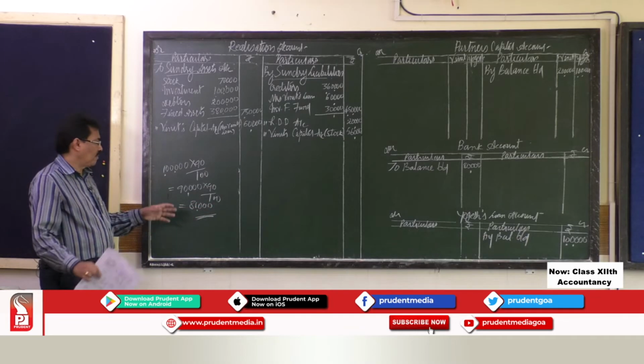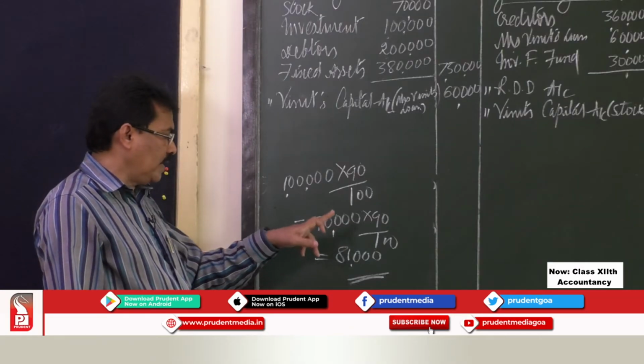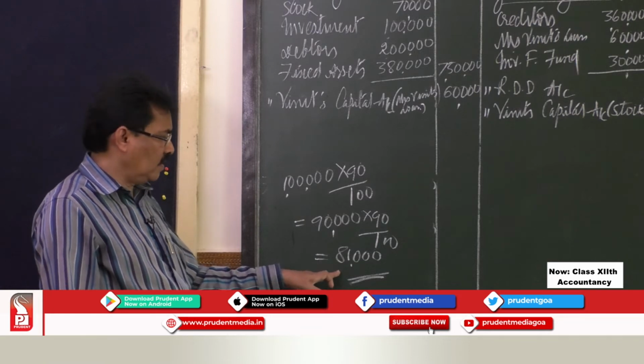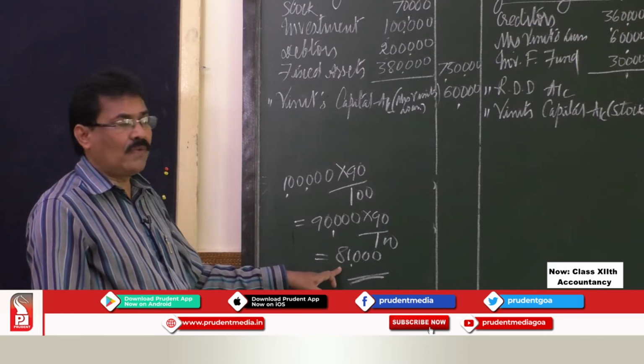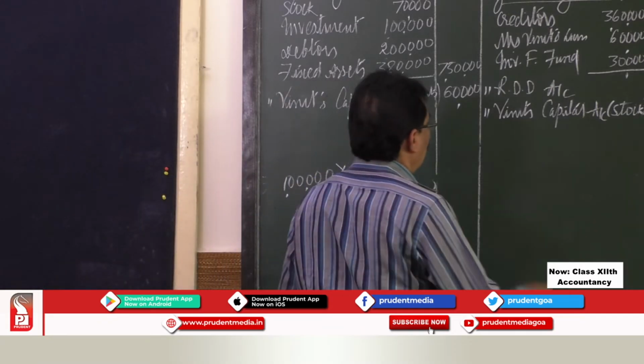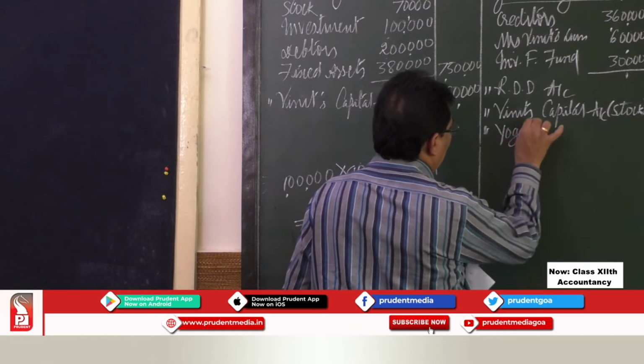That means investment costing rupees 90,000 is taken over by Yogesh at an agreed valuation of rupees 81,000. So, that you have to write here by Yogesh's capital account.